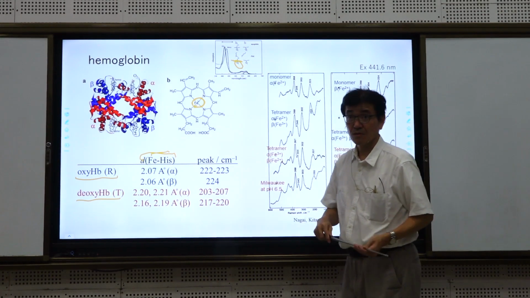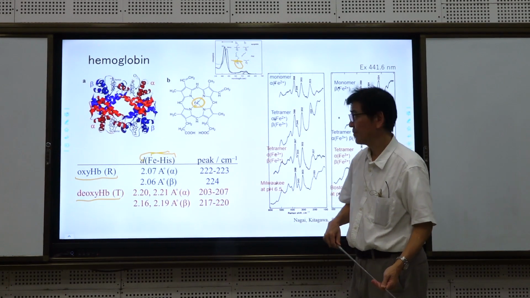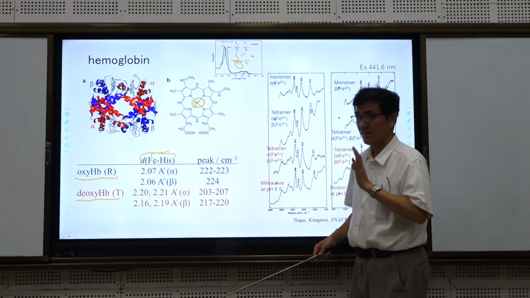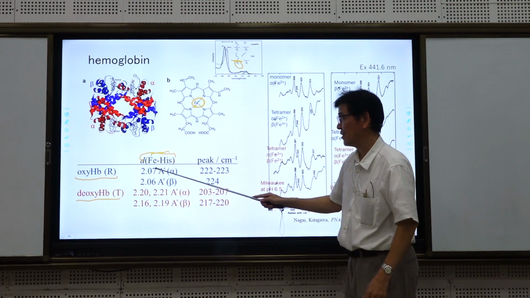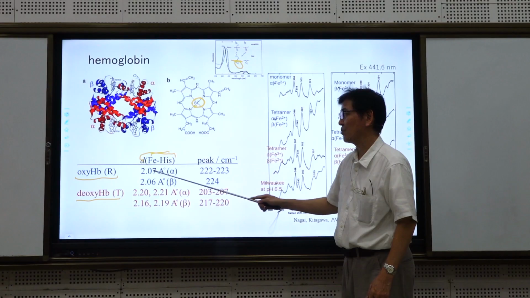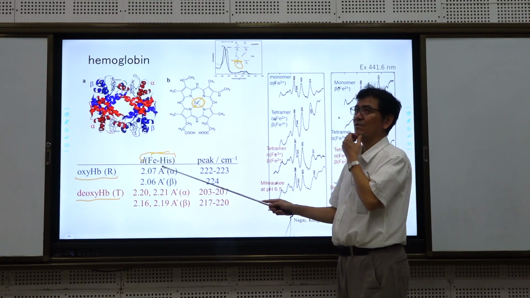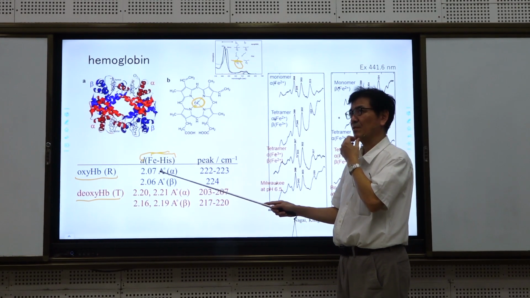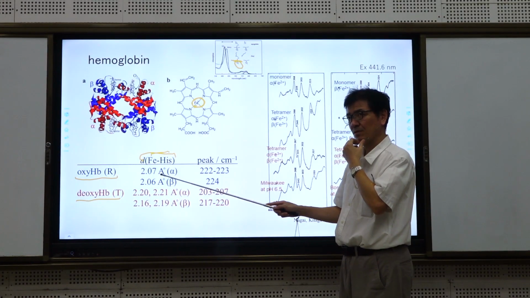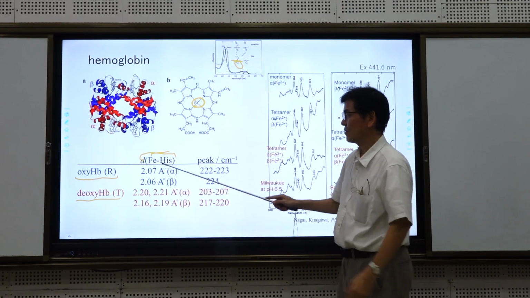Do you know what the resolution of X-ray crystallography is? In principle, the error should be on the order of 0.1, or a few years ago I checked, it was 0.3 or 0.4.